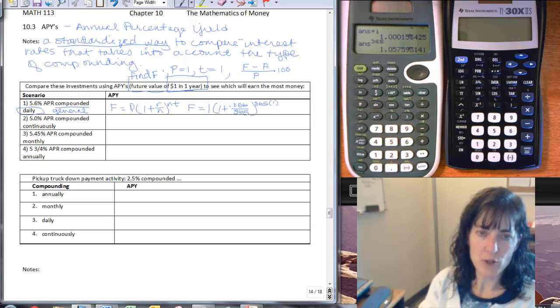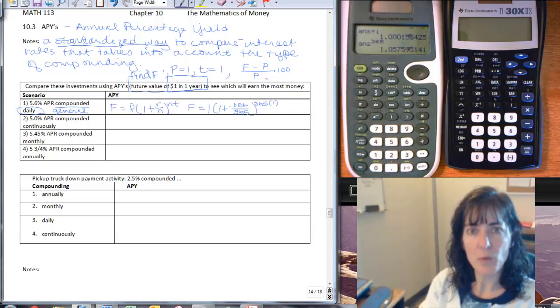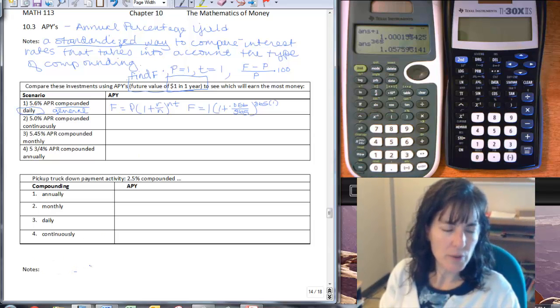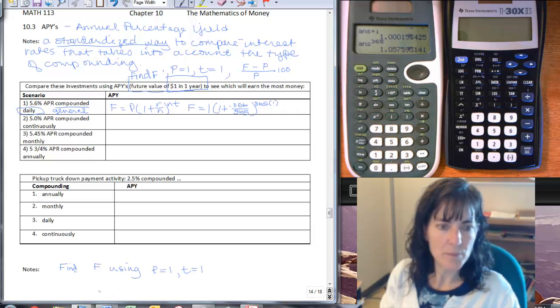And then I need to subtract off. Remember, the P is going to be a 1 every time. I want to write down here just a little bit of notes on this. So we're going to find F using P equals 1 and T equals 1. And then we'll use the percent increase formula.